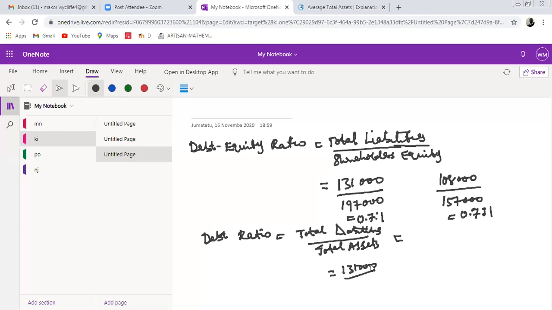Can you give me the figure for the total assets? For total assets, you add both the non-current plus the current assets. The non-current are the fixed assets, 142,000 plus 100 plus 46 plus 40. What do you get?